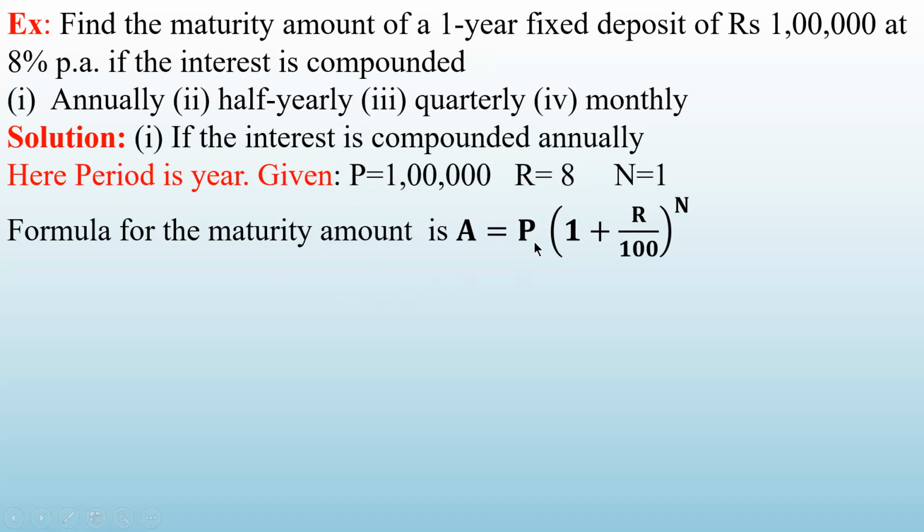It is A equal to P into 1 plus R upon 100 raised to power n. Calculate that. So what you will get? A is equal to 1 lakh into 1 plus 8 upon 100 raised to power n, n is 1.